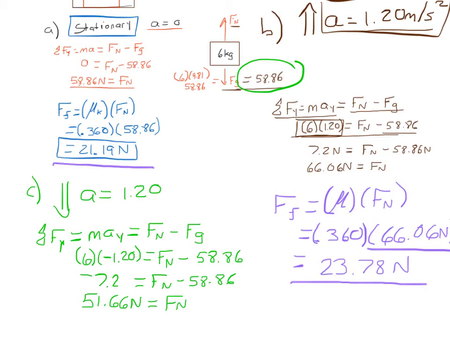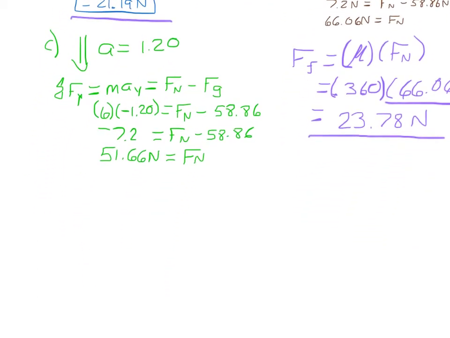Now that we have our normal force, we can calculate our force of friction in this scenario. Our force of friction is equal to the coefficient times our normal force. Our coefficient is still 0.360.